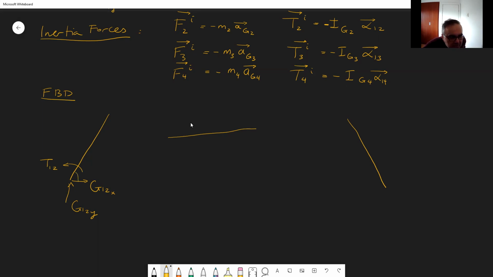This angle is 1,2. There is G2. There is the inertia force also. Let me draw it, F2I. This force is known, so it doesn't matter.